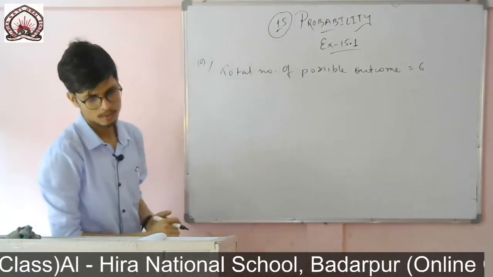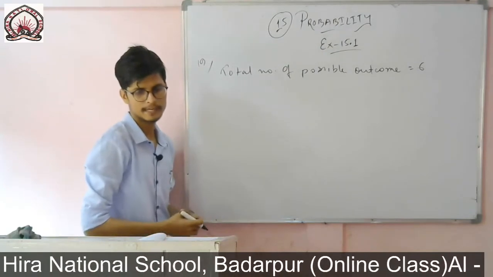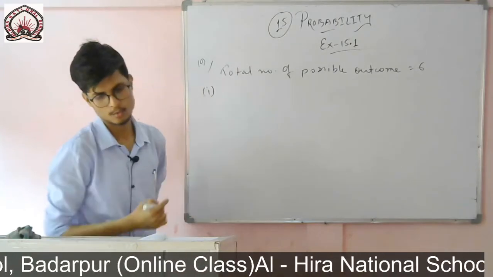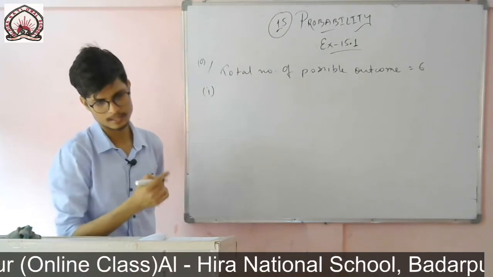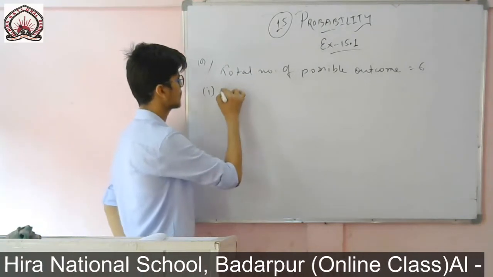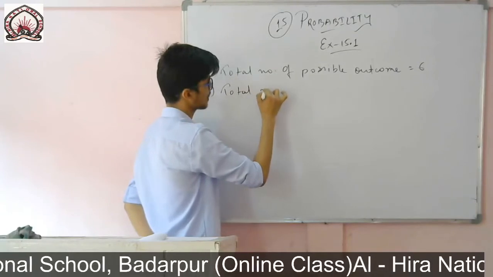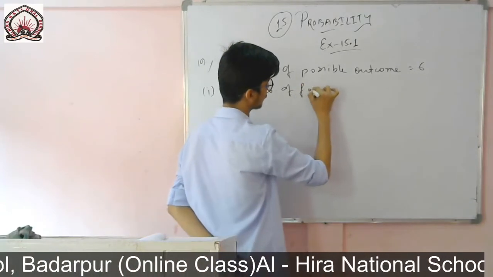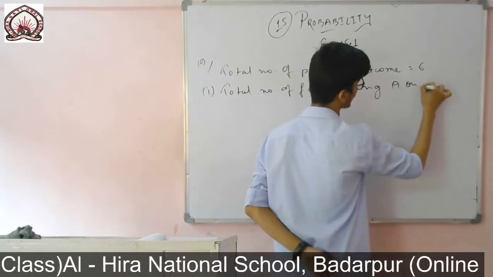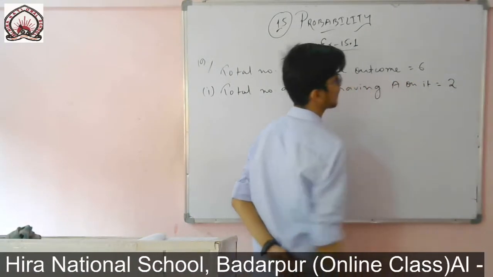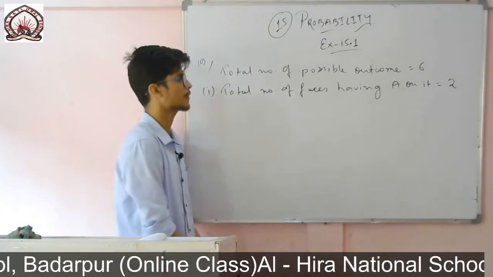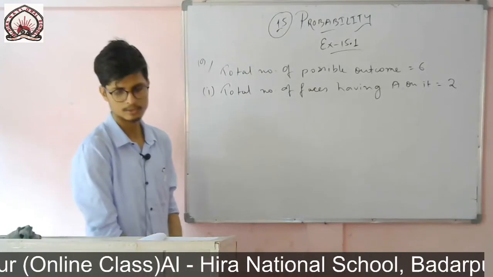Okay. So the first one is to find the probability of getting letter A. How many times is A there? You see there are 2 A's, on the first and the last face. So the total number of faces having A on it is equal to 2.